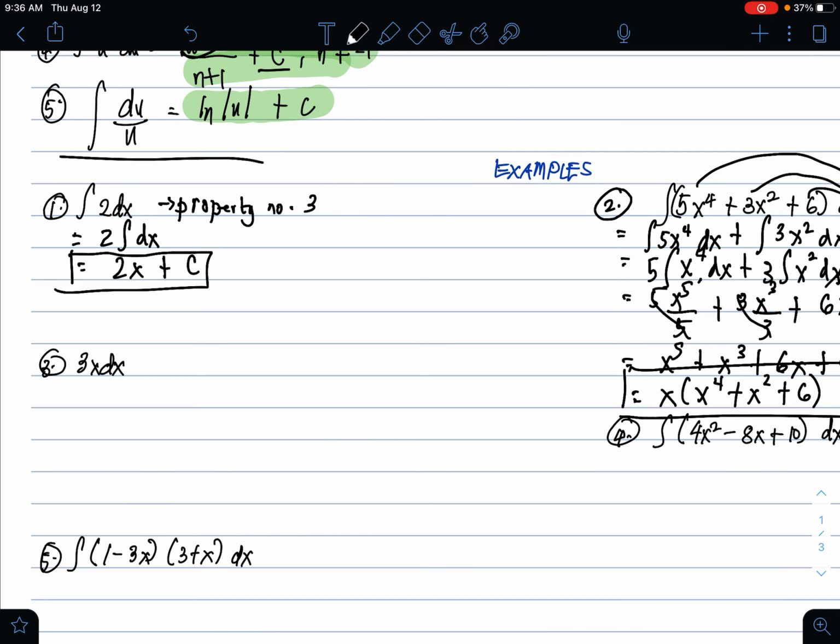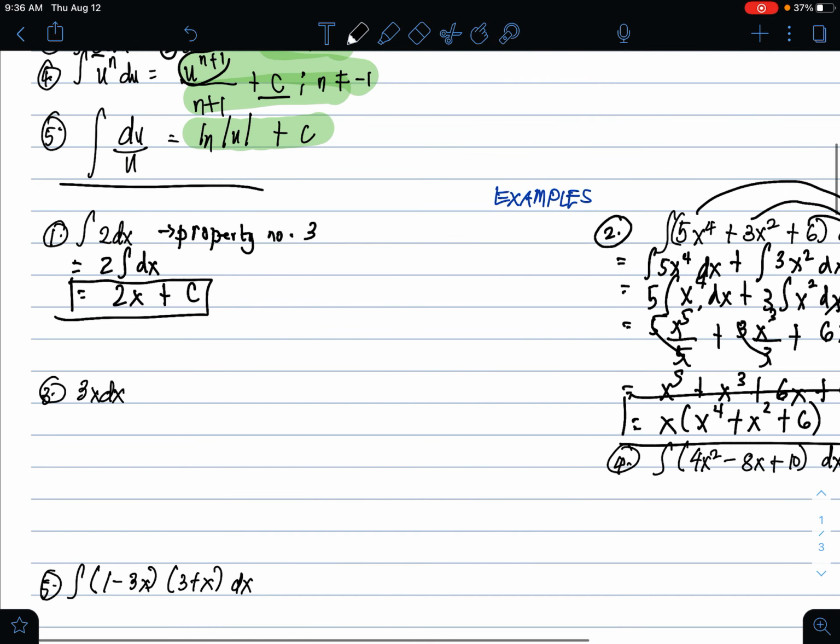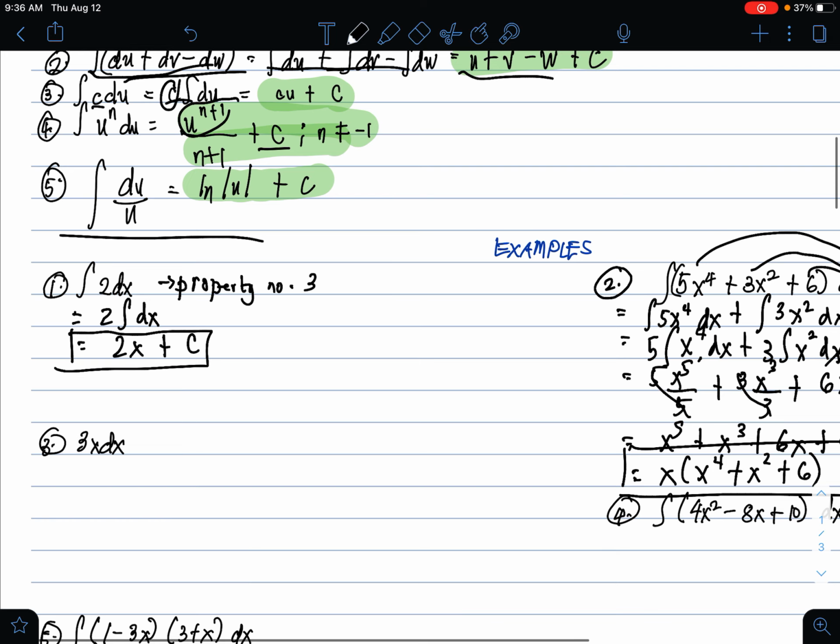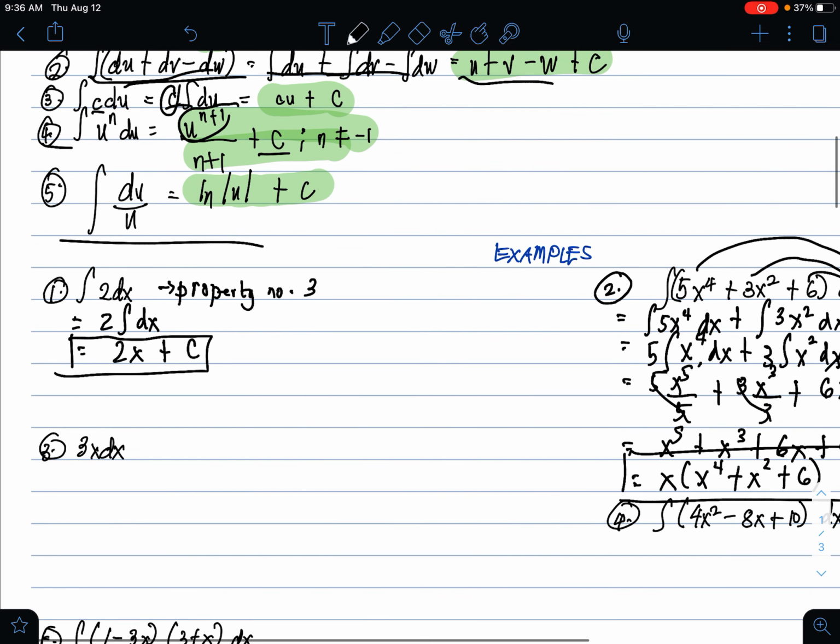Now, for number 3, 3x dx, we can use property number 3 and property number 4 here. So that is 3x dx. Property number 4 says x has a power of 1.